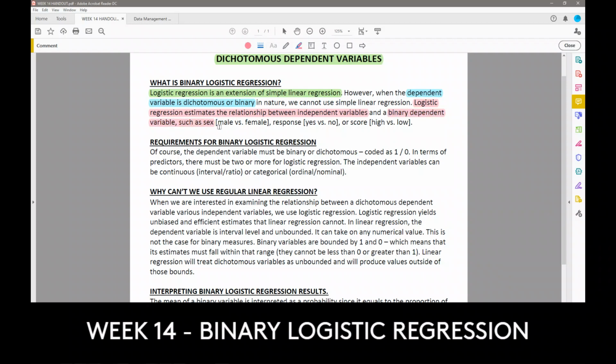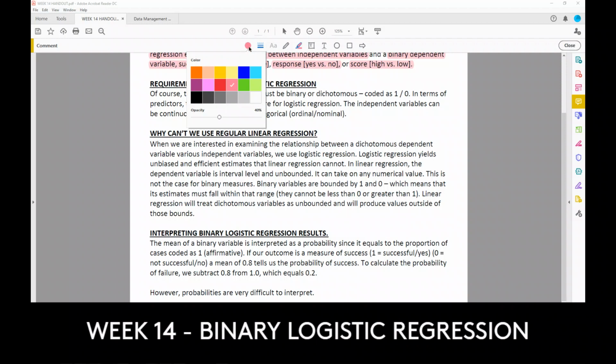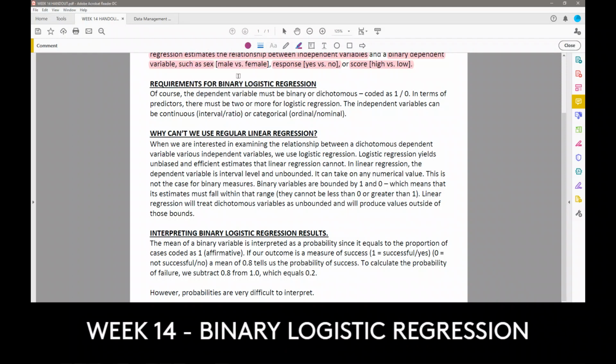An example of this is sex, which has two categories, male and female, or if you have any type of variable that uses a yes or no response, you can also use binary logistic for that. If you have a score, for example, that is split up into a high or low category, binary logistic regression can work.